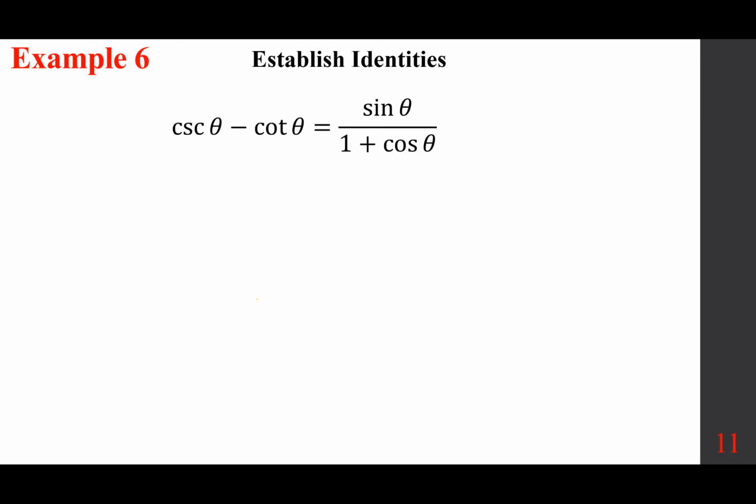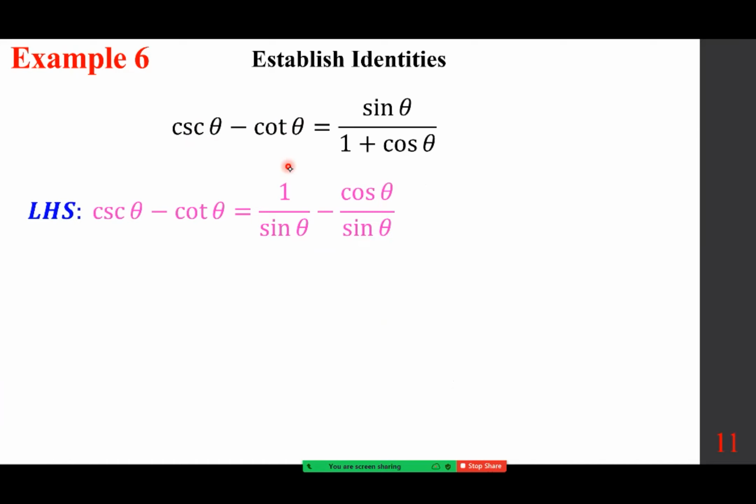So the left-hand side, cosecant is 1 over sine, cotangent is cosine over sine. So that's the change we're going to make to the left-hand side. They have a common denominator of sine theta, so it's 1 minus cosine theta over sine theta.